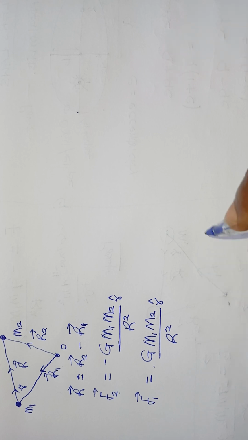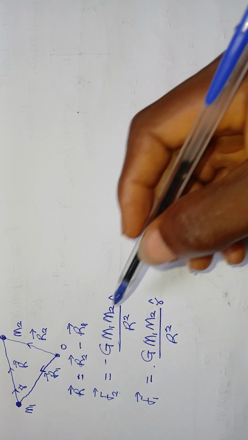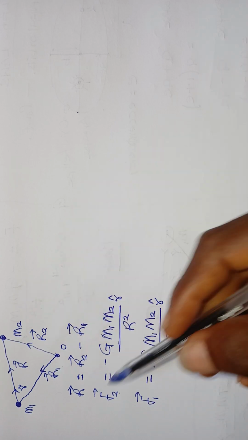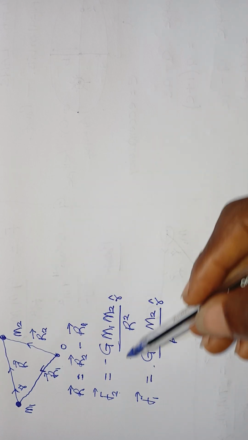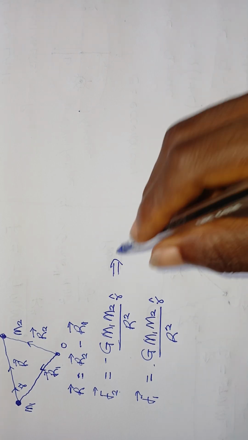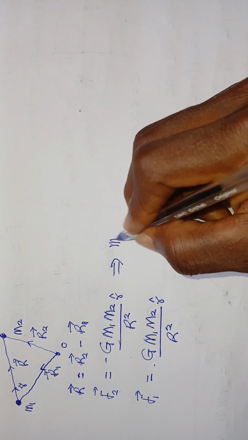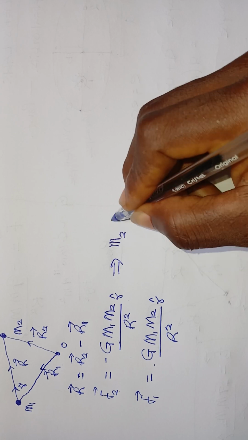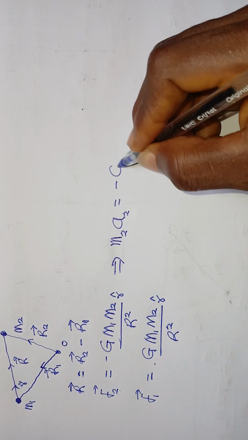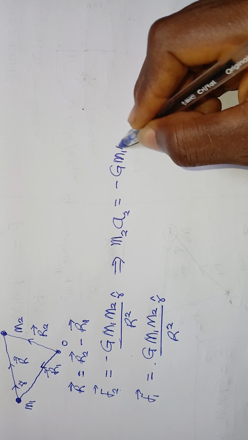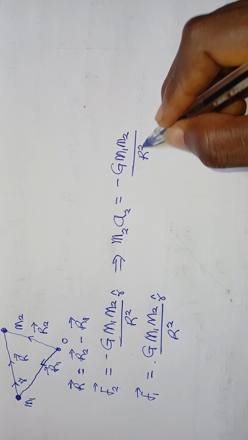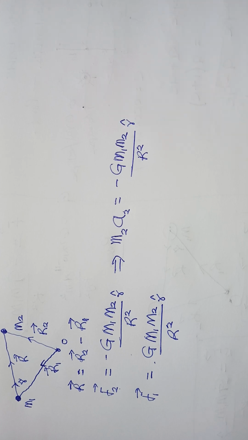Now let's see the acceleration of object 2. Given that the force of gravity on object 2 is this, this implies that the mass of object 2 times the acceleration of 2 will be equal to negative G m1 m2 divided by r squared in the direction r roof.